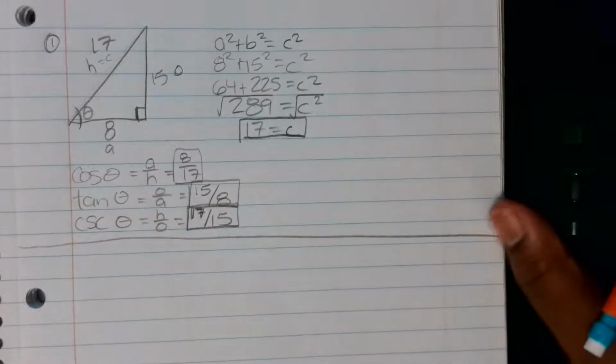All right. So suppose theta is an angle in standard position. Let me write this problem down. Theta is an angle in standard position whose terminal side intersects the unit circle at 3 over 5, negative 4 over 5.